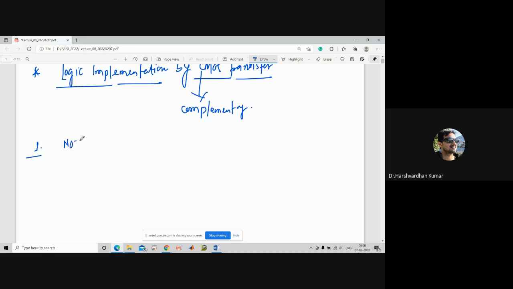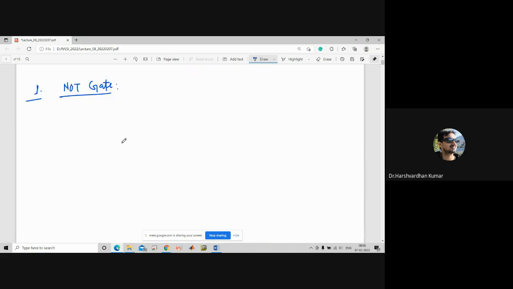Okay, so first of all we will discuss the NOT gate. If you talk about the symbol of the NOT gate, or inverter, both are the same.